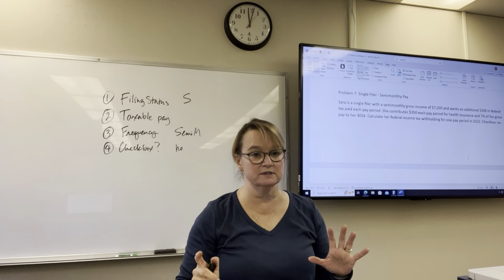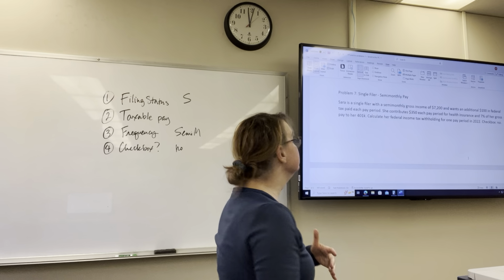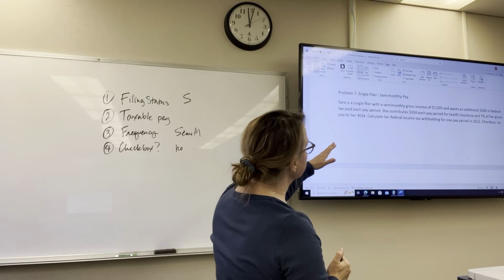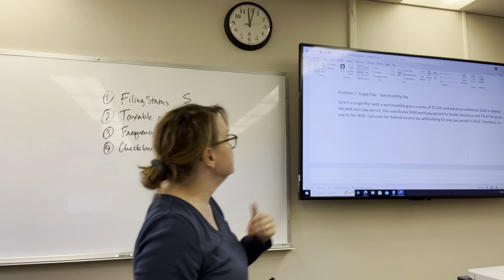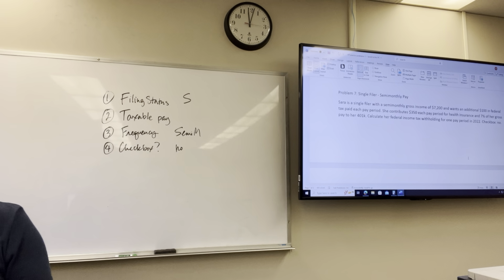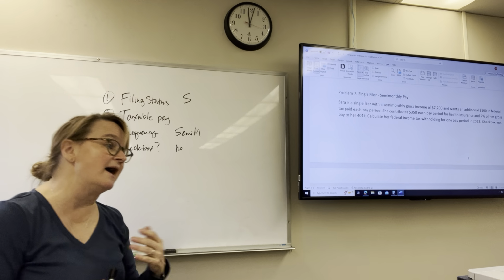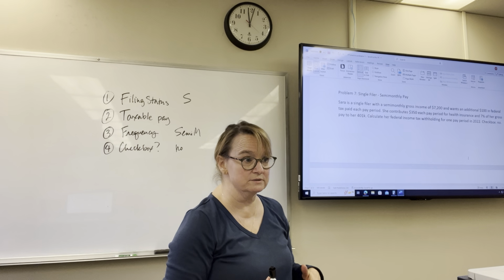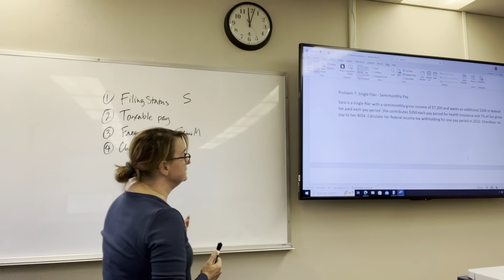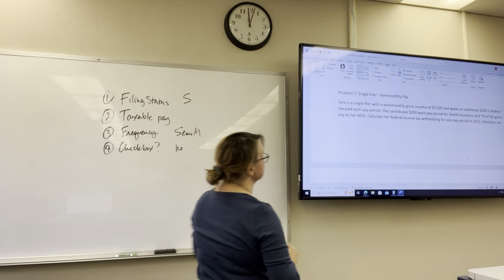So she put that down on the W-4 there. We're going to add that at the very end. She contributes $350 each pay period to health insurance and 7% of her gross pay to her 401k. So now we've got to figure out how much that 401k contribution is. Before it was just given to you, now you've got to calculate it because you're told it's just 7%.